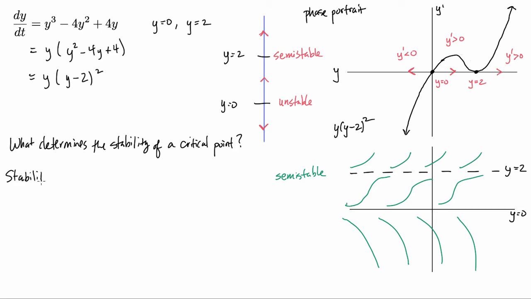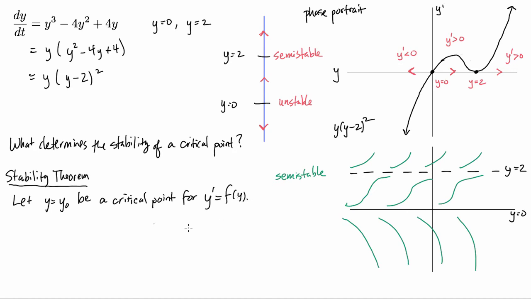So this is the stability theorem. It's not going to be the last time I refer to this semester. So here's how the theorem starts out. Let y equal y naught be a critical point for the differential equation y prime equals f of y. Then there are three possibilities, which we've seen in these videos.